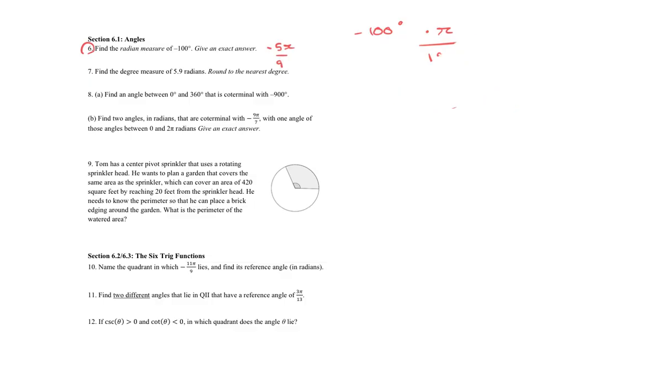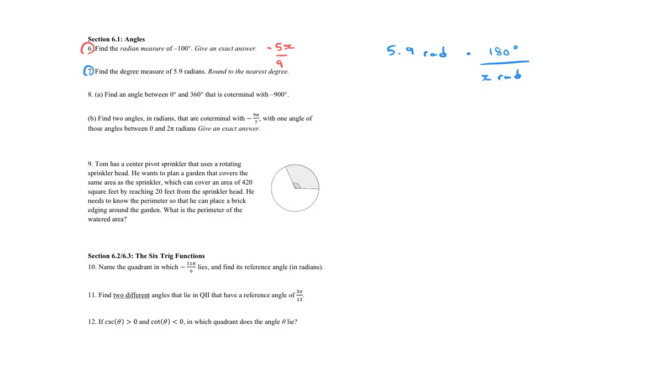And our next one is going to be doing the opposite. This time we're allowed to use a calculator. So we're going to find the degree measure of 5.9 radians. So we're going to have 5.9 radians times 180 degrees per pi radians. So let's get out our calculators.